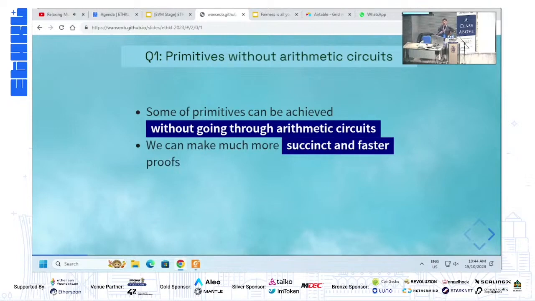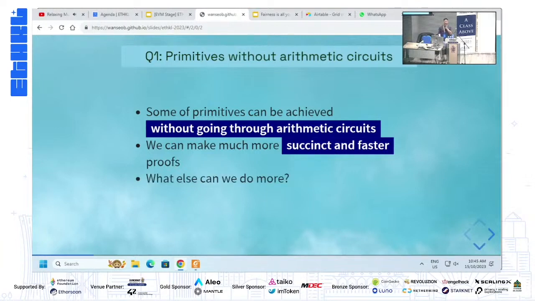Actually, if there exist some other primitives, some gadgets, and if we implement those ZK gadgets using only the primitive polynomial IOPs without arithmetic circuits, then actually we can make it much more succinct and much faster.